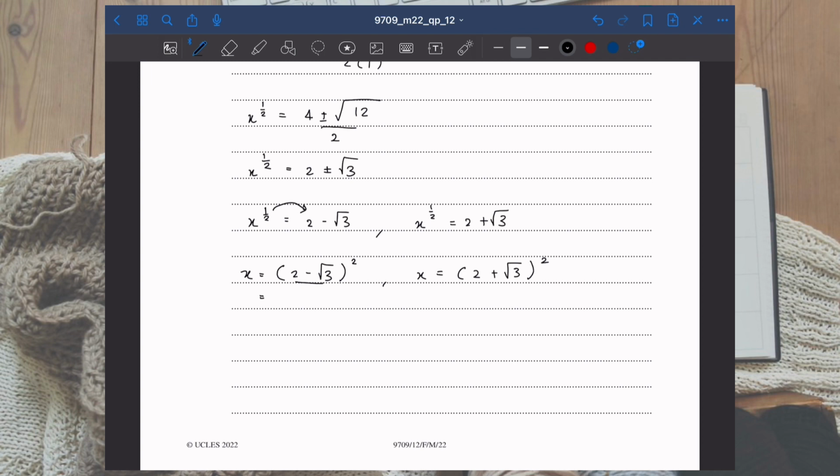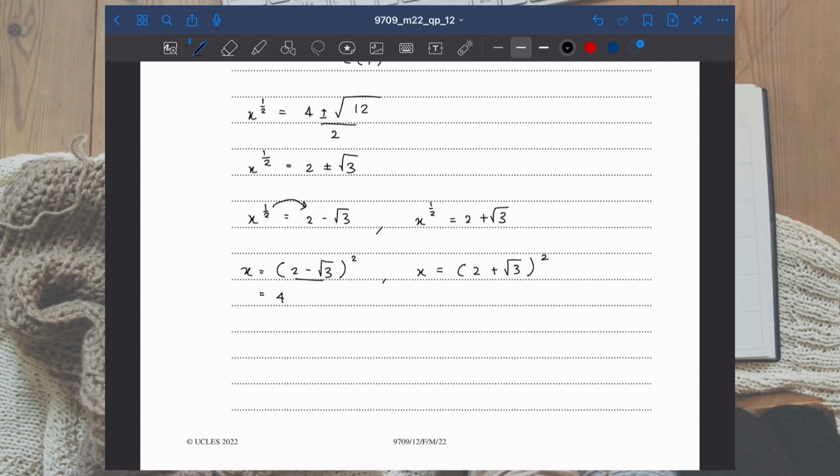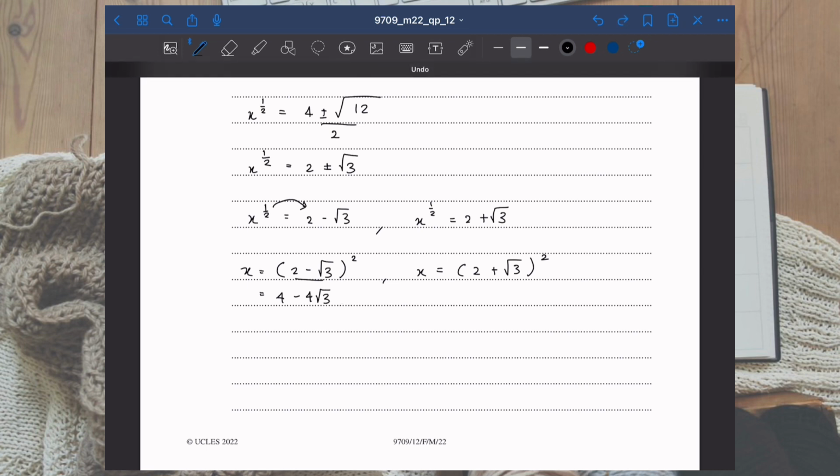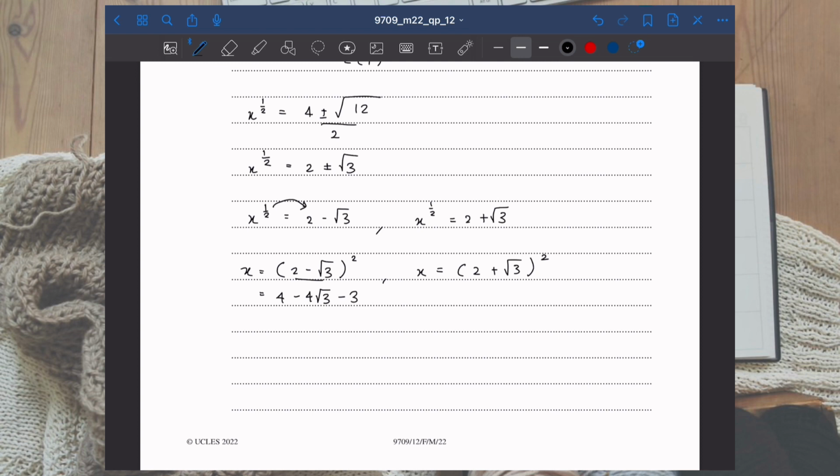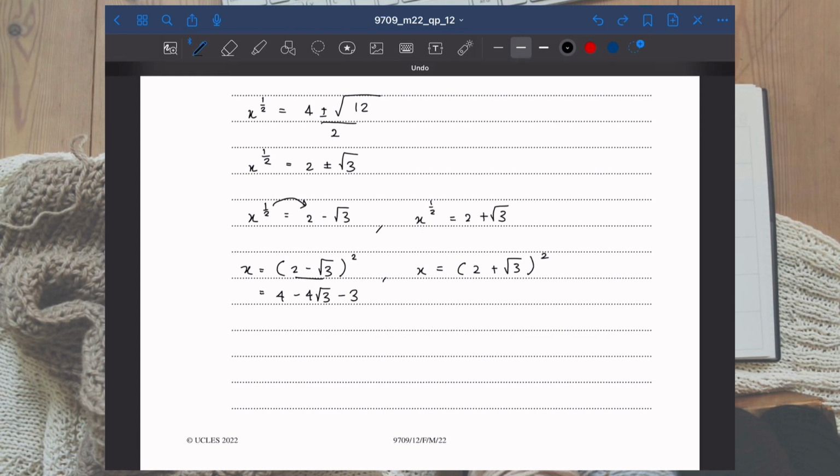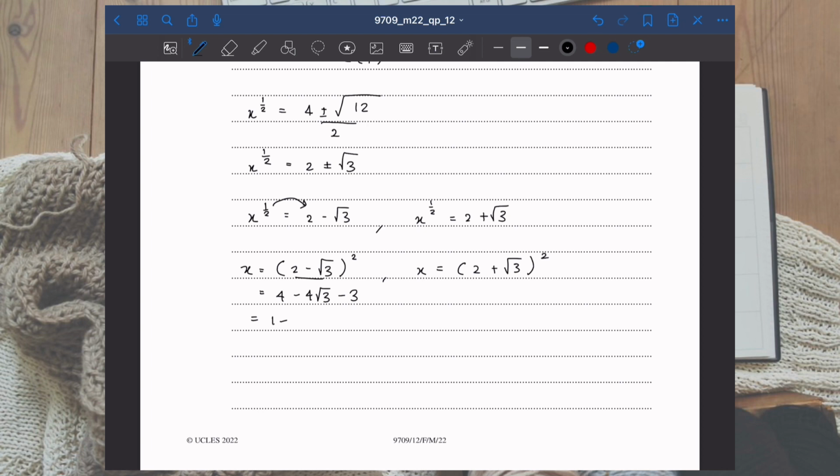First, you'll get 4 minus 4 root 3 plus 3, which gives you 7 minus 4 root 3. And if you solve for this part, you'll get 4 plus 4 root 3 plus 3.